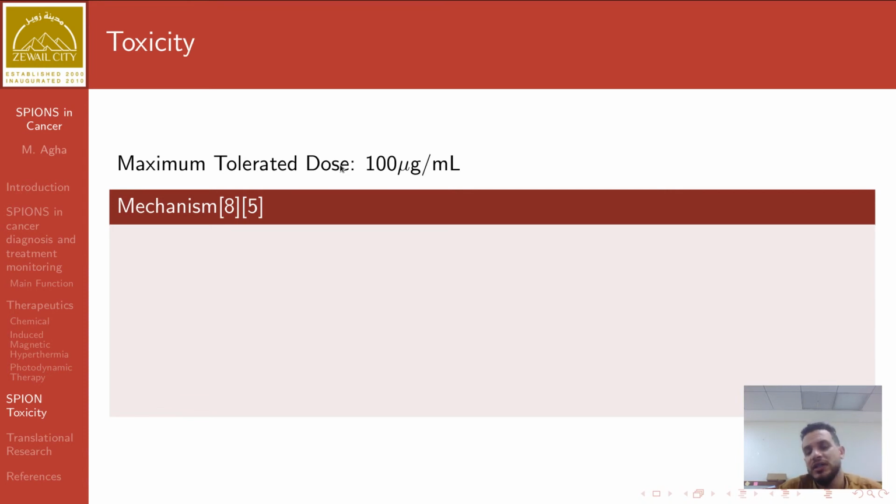So of course it's not all good stuff, and we need to incorporate SPIONS next day in all of our research. We need to incorporate them in all of our medications. It's not all like that. So we, as humans, have a maximum tolerated dose of 100 micrograms per milliliter. Other than that, we start to get into a lot of problems, including the disruption of cytoskeletons for the cells.